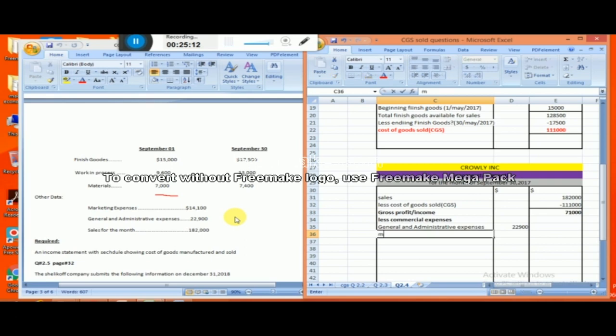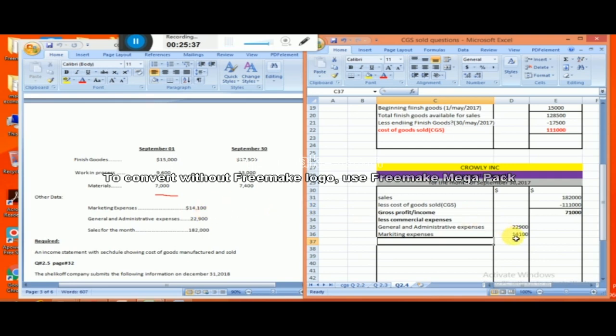Marketing expenses are 14,100. We don't have any more expenses.